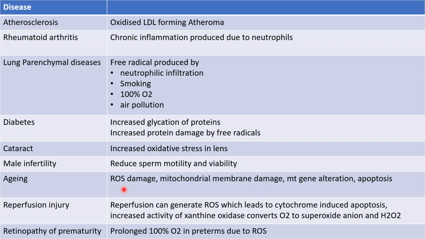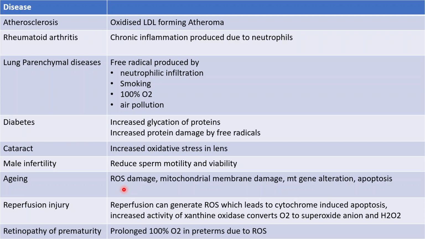The free radicals produced slowly increase, so we have more reactive oxygen species damage and mitochondrial membrane damage, with leakage of reactive oxygen species. All of these lead to aging.